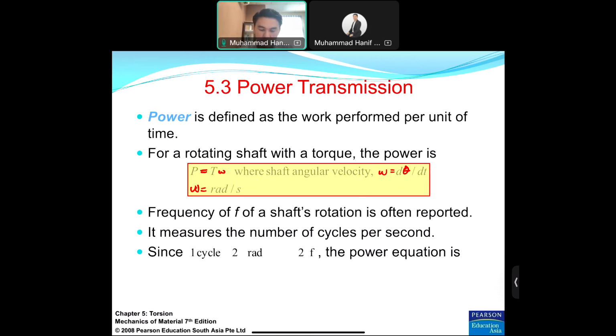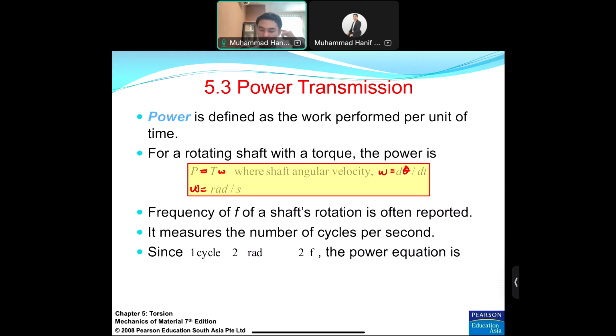Since one complete cycle equals 360 degrees, or 2 pi radian, it can be converted so that omega equals 2 pi f. So 2 pi is one cycle, and f is the frequency.